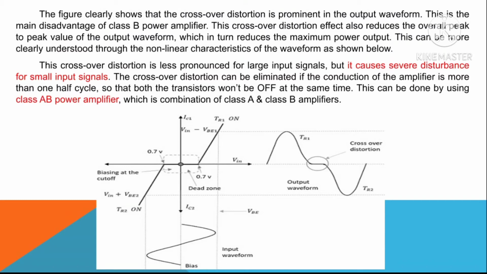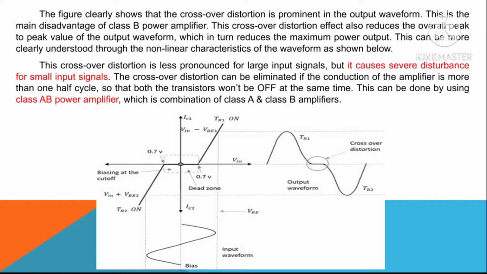This can be more clearly understood through the non-linear characteristics of the waveform as shown below, and we have already discussed that this crossover distortion is less pronounced for large input signals, but it causes severe disturbances for small input signals.